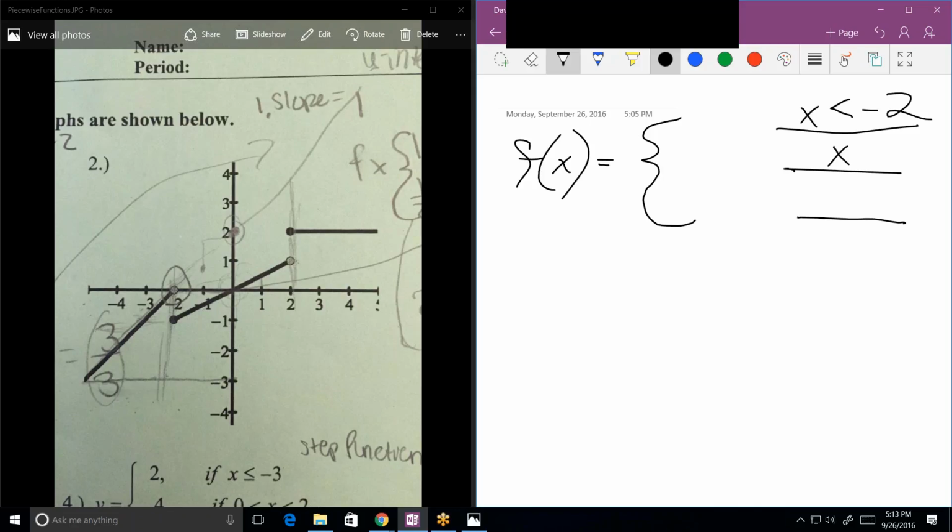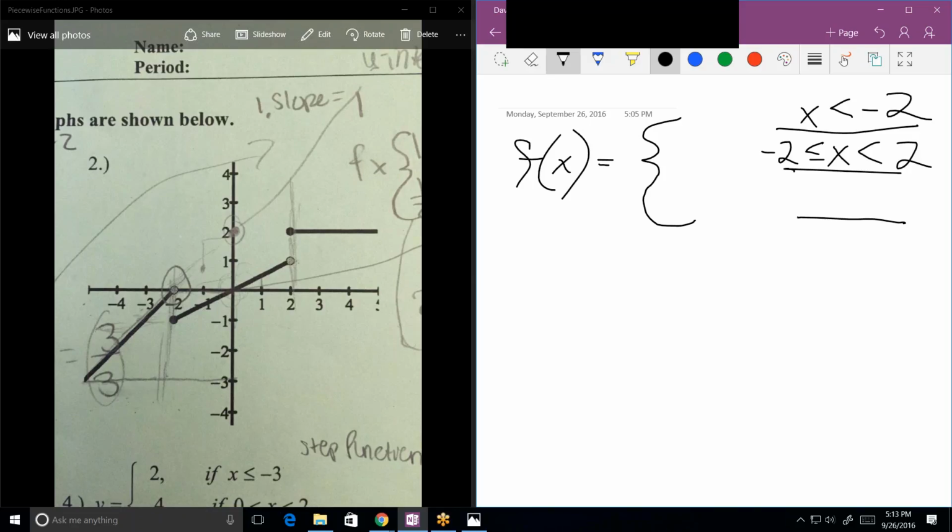Let's start with x in the middle, and I can see that there's a left point and a right point. So x has to be greater than or equal to negative 2, and less than 2.